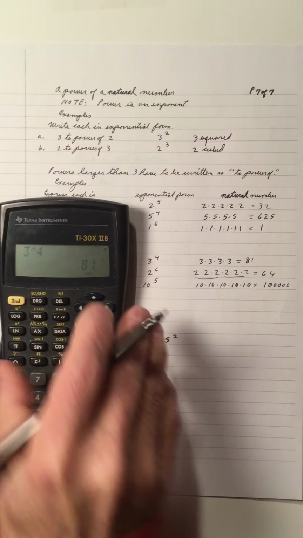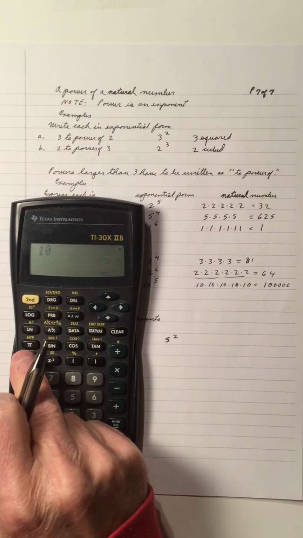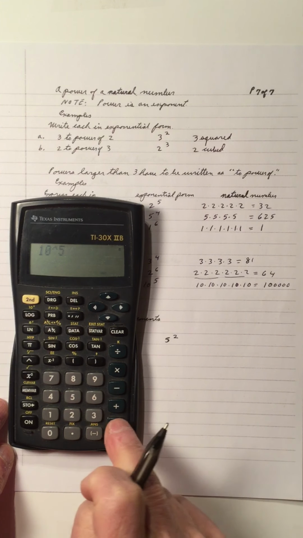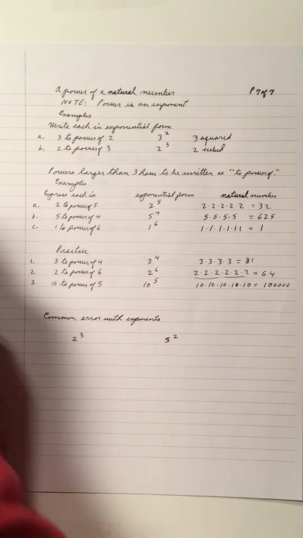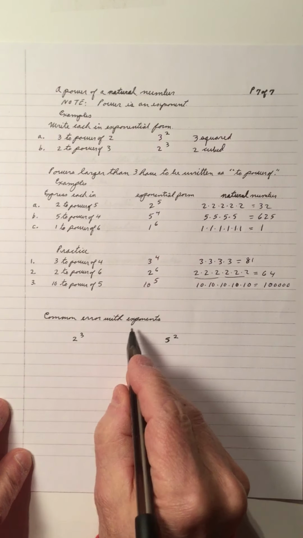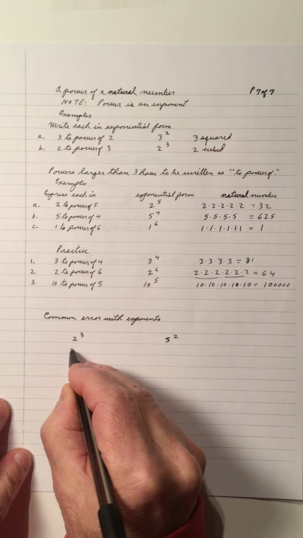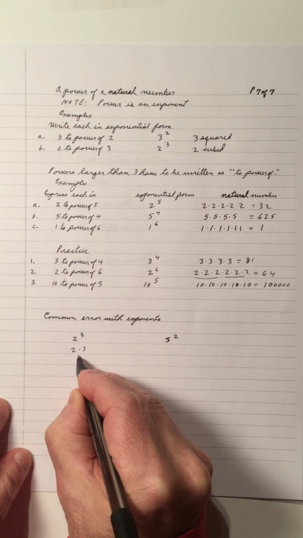And we check 10 to the 5 with our calculator. 10 power button 5. We have 100,000.